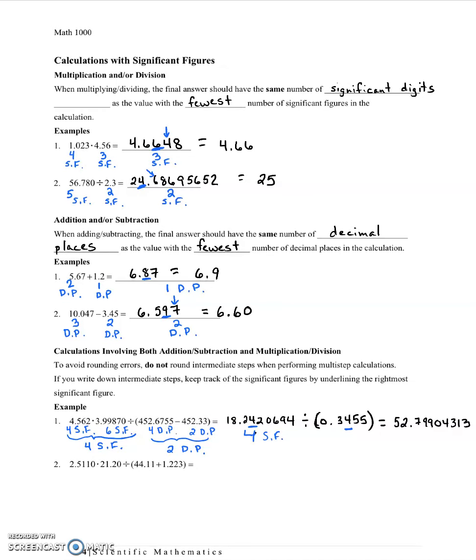This second one, since it could only have 2 decimal places, it only has 2 significant figures. So the 4 and the 2, remember we always take the smallest, so we should have 2 sig figs after we do the division. So this equals 2 significant figures. That's where the 2 is. So we look at the 7. The 7 makes the 52 round up to a 53, and that's our final answer.